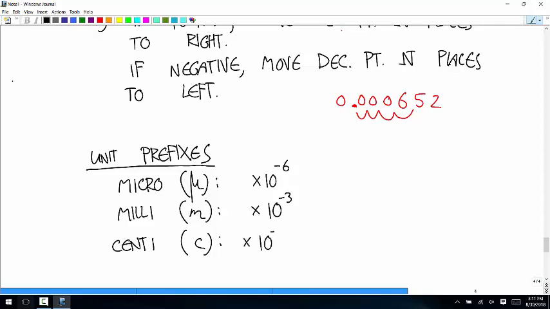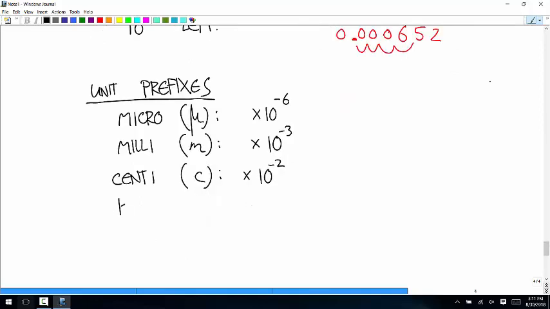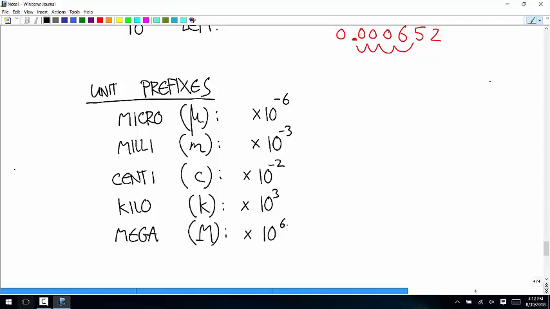That's times 10 to the minus 2. Kilo is lowercase k, and that's times 10 to the third. And then the last one we'll use a lot is mega. That's a capital M, and that's times 10 to the 6.